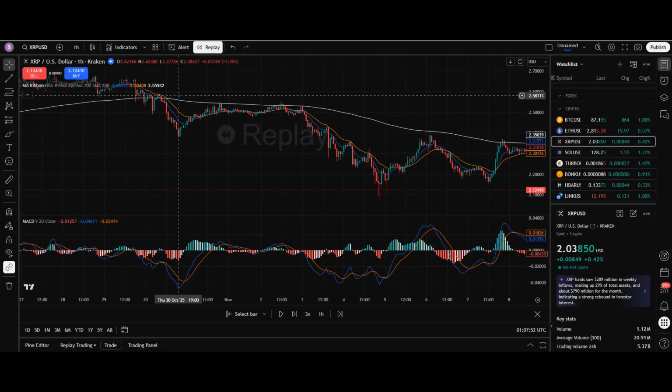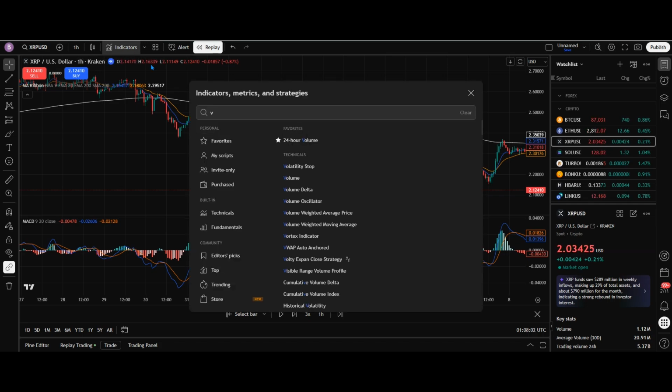You should know by now, if you want a new indicator on your chart on TradingView, you just simply hit the indicators tab and type in the name of the indicator. What to look out for, though, there are a lot of indicators that get published.